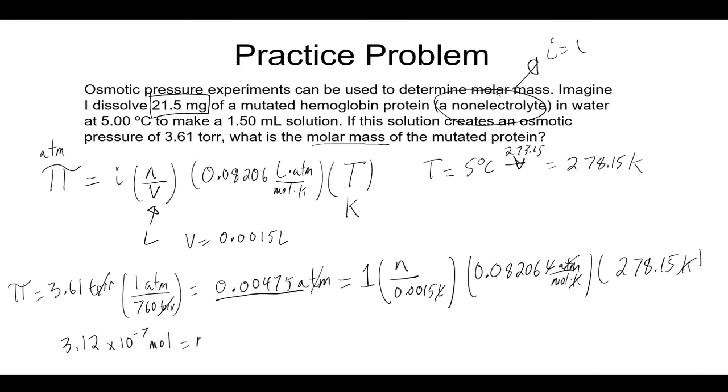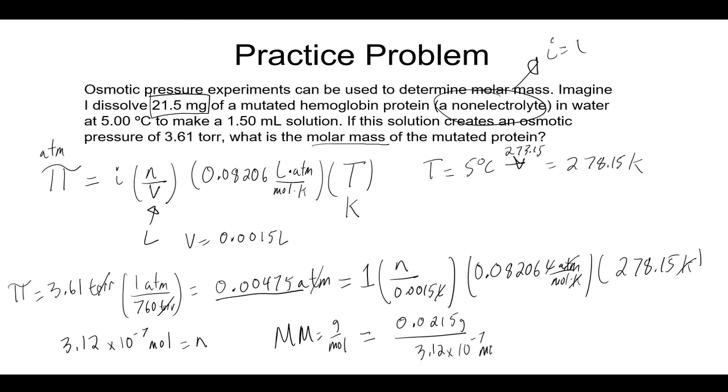Now, this is my value of n. I dissolved 21.5 milligrams. So if I want to know a molar mass, it should be grams per mole, right? Dimensional analysis, unit fractions like this, grams divided by moles. So this suggests I should take these milligrams and put them in grams, 0.0215 grams, divided by 3.12 times 10 to the negative 7 moles.